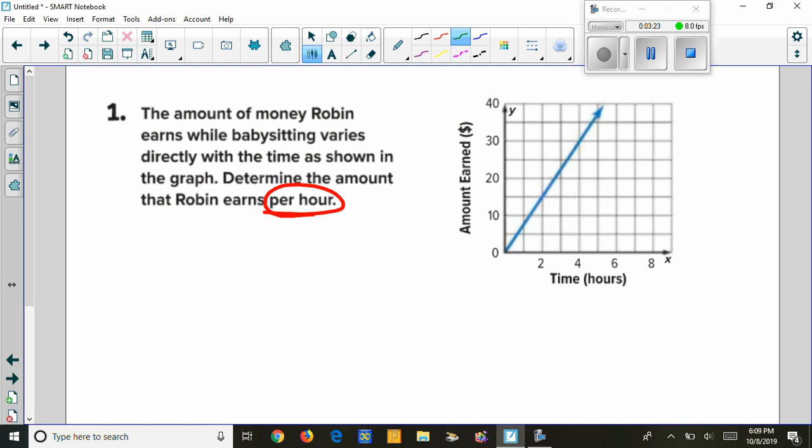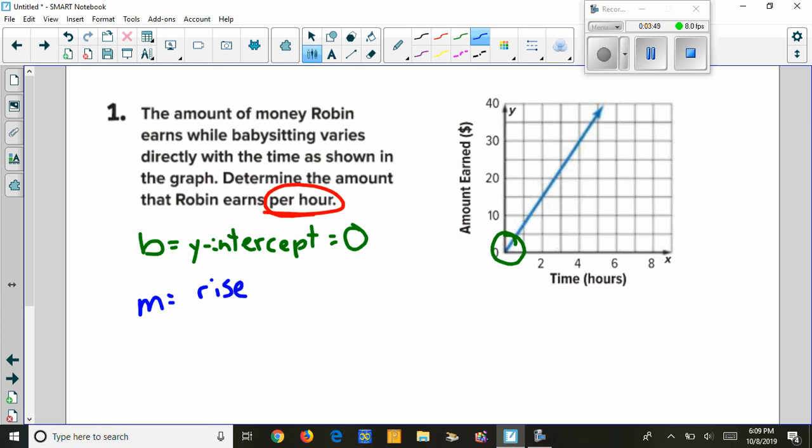On this graph, I see that my line is crossing through the origin. That makes my b, my y-intercept, 0. And then we can figure out what the slope is, the rise and the run.